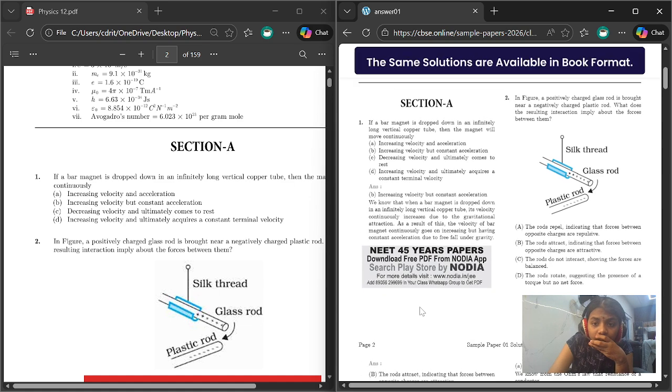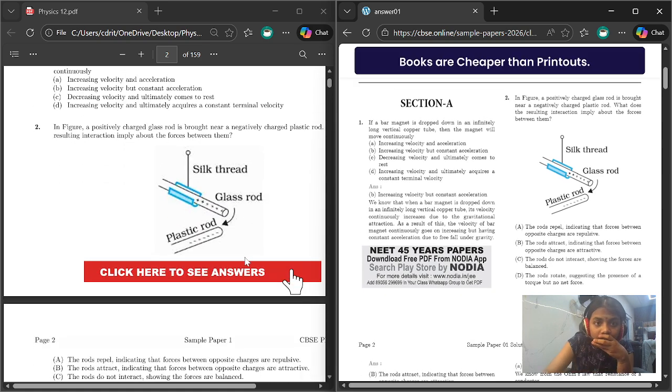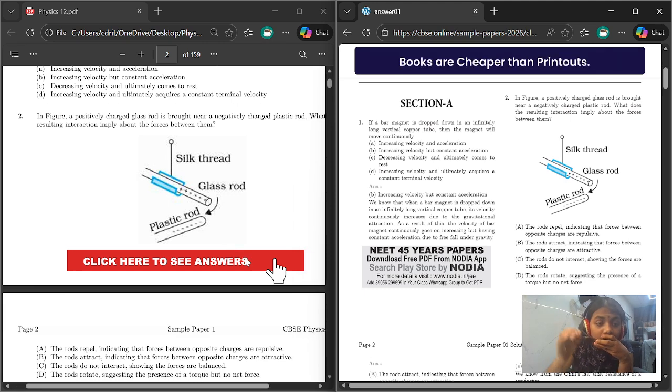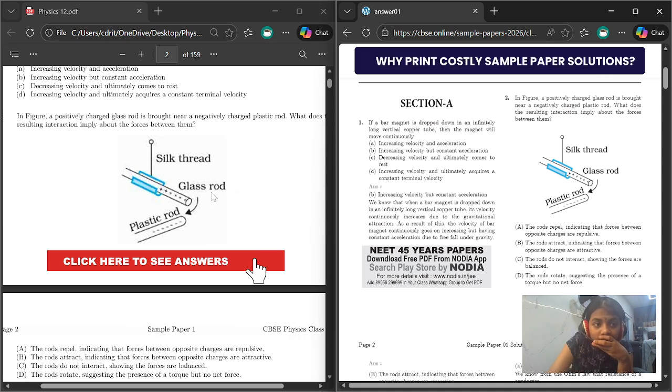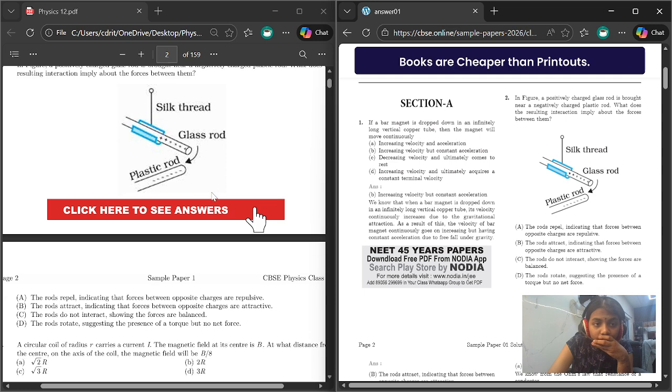Okay, now let's go to the second question. They have given us this image, which is in the first chapter of the book. In the figure, a positively charged glass rod is brought near a negatively charged plastic rod. What does the resulting interaction imply about the forces between them?